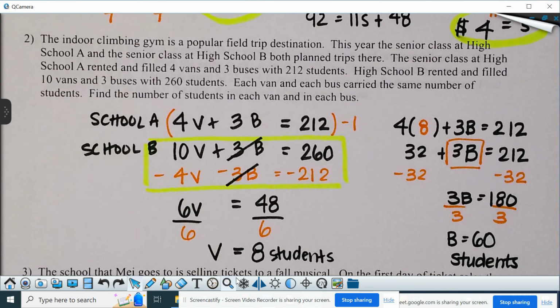So 60 students per bus, 8 students per van.